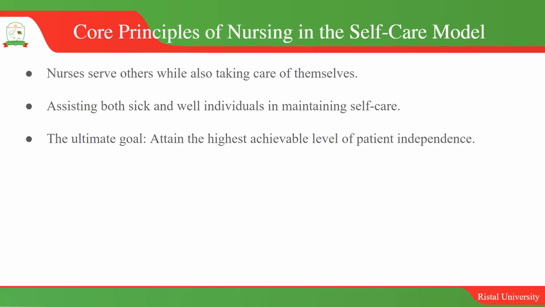The ultimate goal is that we want people to take care of themselves, okay? So they don't have to rely on others for these activities. So the aim of nursing care, therefore, is to attain the highest achievable level of patient independence. The patient should be able to do some of these activities.